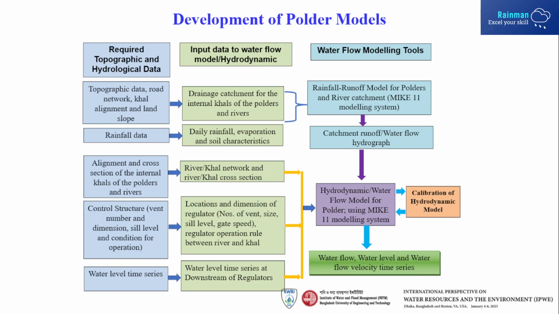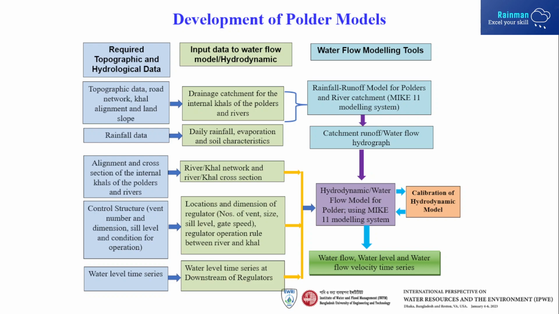So for the rainfall runoff model, at first we have to delineate our catchment. Catchment is delineated based on the topographic data, road network, and canal element, and land slope, and then we have to provide the soil characteristics, and we have to prepare a rainfall runoff parameter file, and then finally we simulate the rainfall runoff model, and we get a result file.